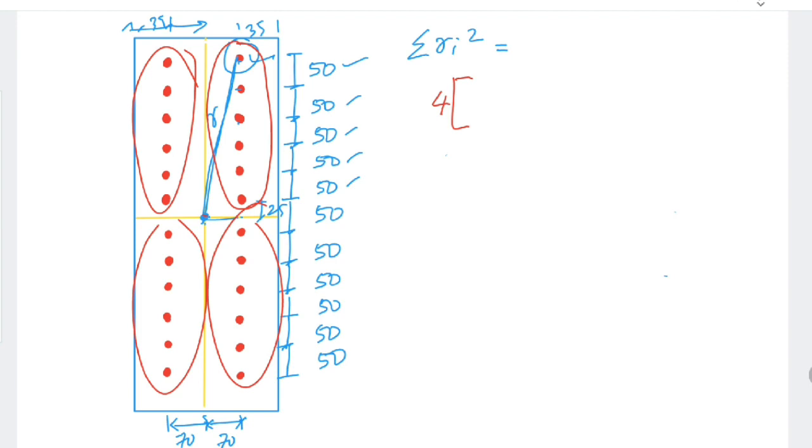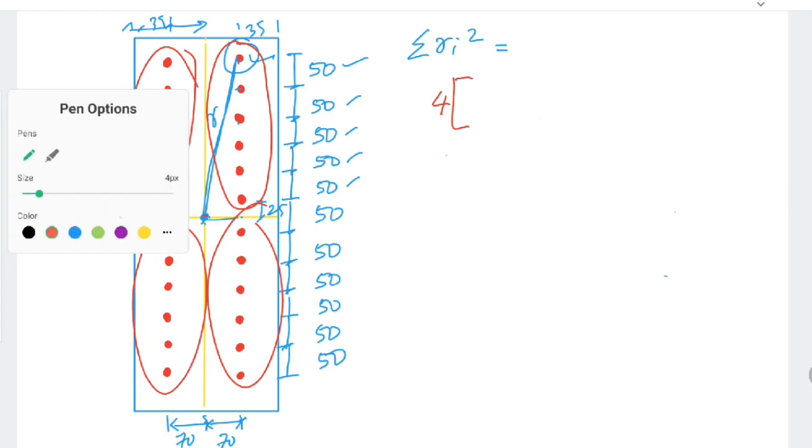The first thing, simple: the first bolt is nothing but 70 square plus 275 square, or I'll start with this bolt as the first bolt.